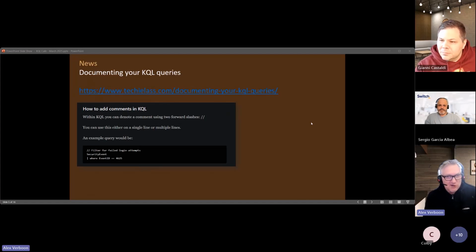But as KQL queries can become complex, or when using certain operators, it can help other people that read your KQL code if you add some comments. So adding comments is quite straightforward. Either do the double / above your code, or you can even add it next to your code. So that's a little reminder, and the blog post shows some more examples.